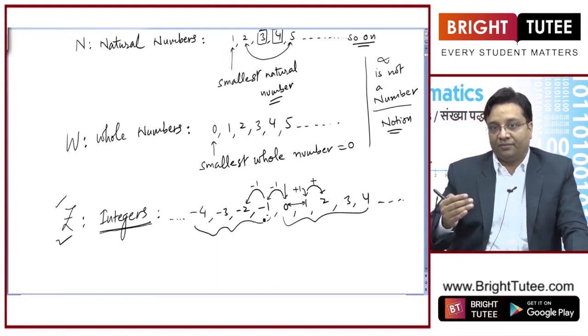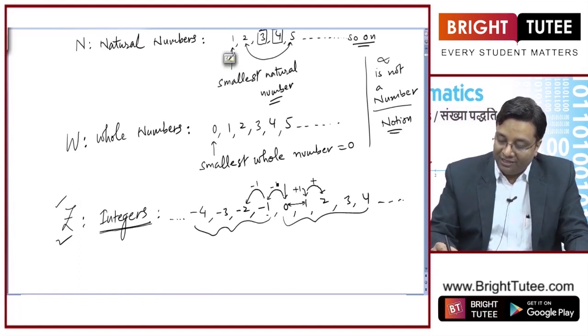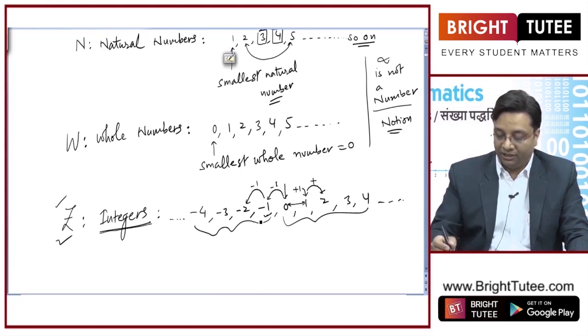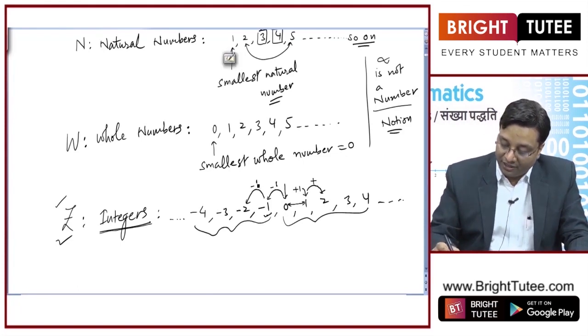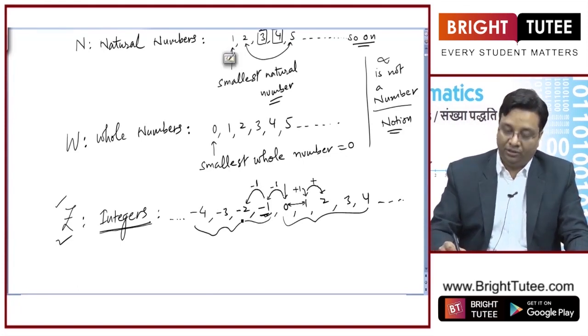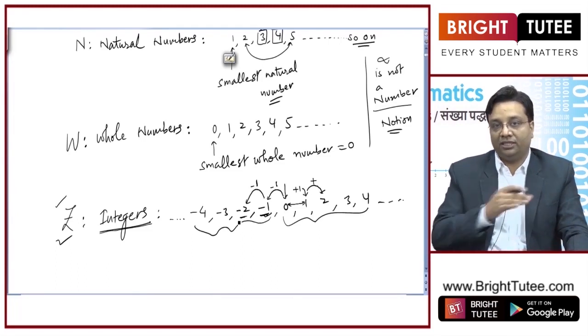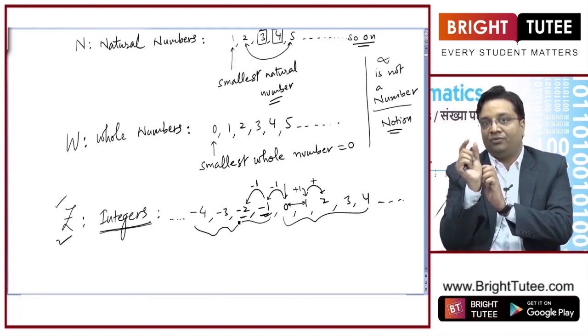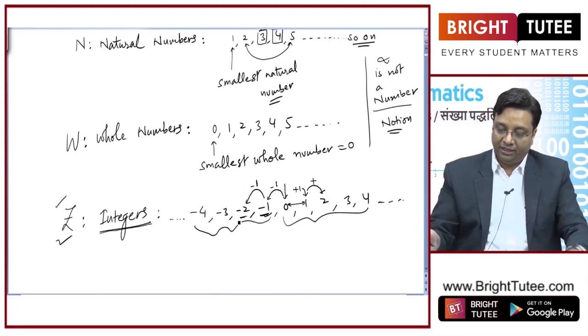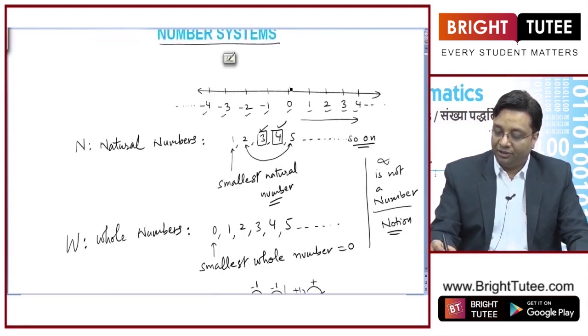So you are subtracting 1 from 0 to get to -1. You are again subtracting 1 from -1 to achieve -2. So there is a full gap of 1 unit. Okay, this I have taken as 1 unit here.